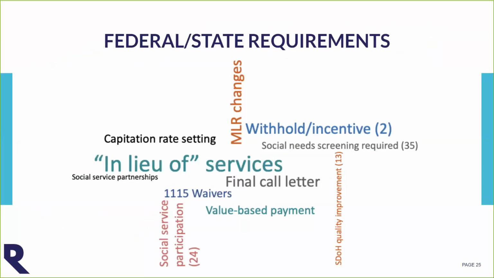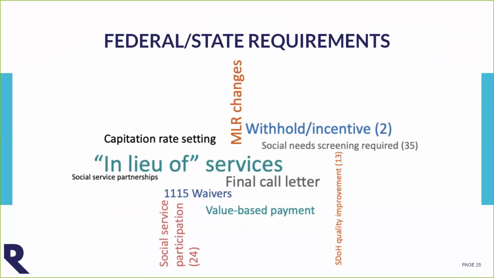We also see very recently the federal government released the final call letter, and as many of us know, they completely expanded and blew out the ability to provide supplemental benefits, so for the chronically ill. And these supplemental benefits can fund a lot of the resources that help to close the gap on the determinants. And we're seeing health plans innovate around this dramatically. There's just a ton of efforts, and it's really interesting to see the approaches that are being taken and the innovation around it.